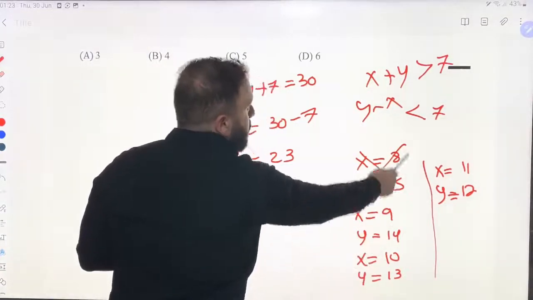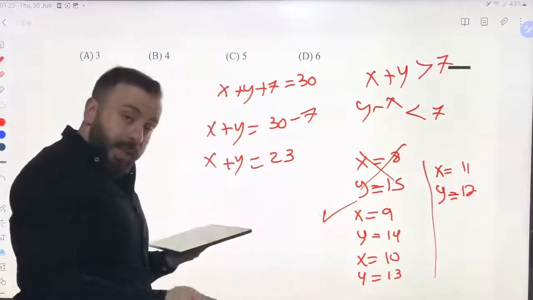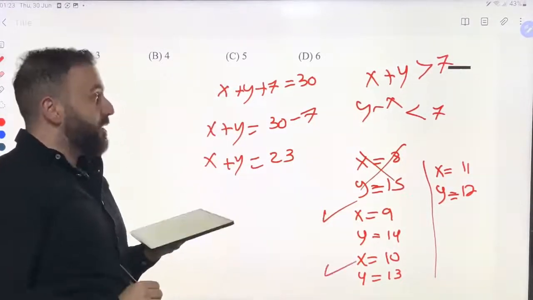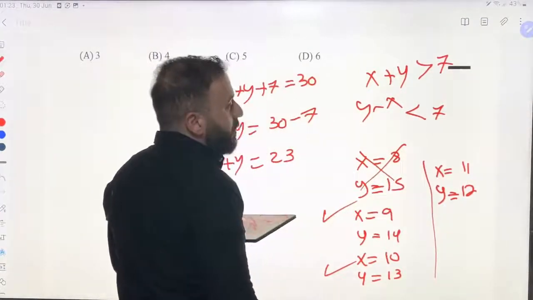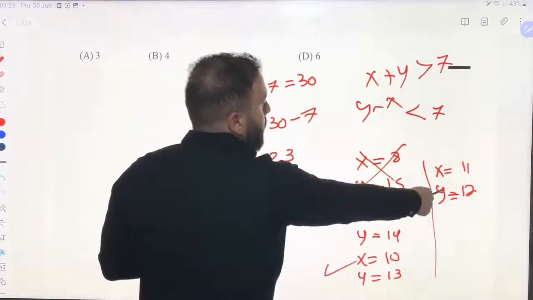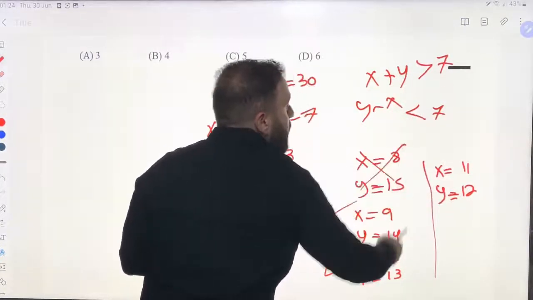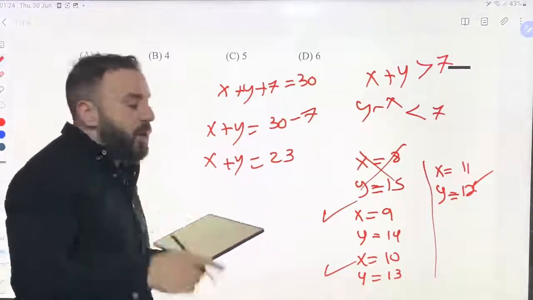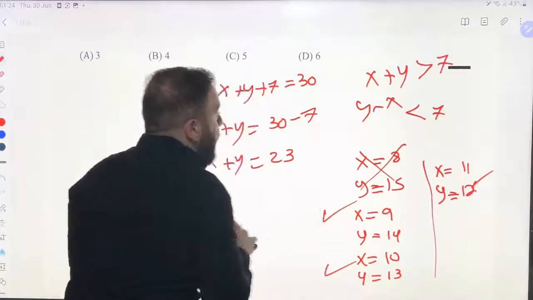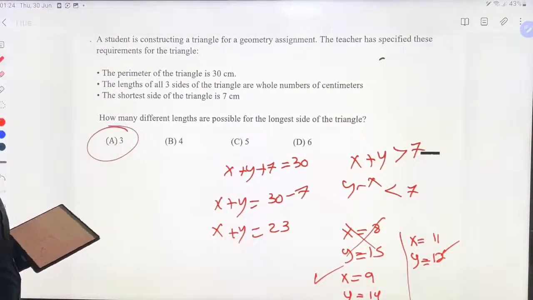And 10 plus 13 is greater than 7, and 13 minus 10 equals 3, so this choice is accepted. Here x is equal to 11, the sum is greater than 7 and the subtraction is also less than 7, so this choice is accepted. How many choices can I choose now? 1, 2, and 3, so my choice is going to be A.